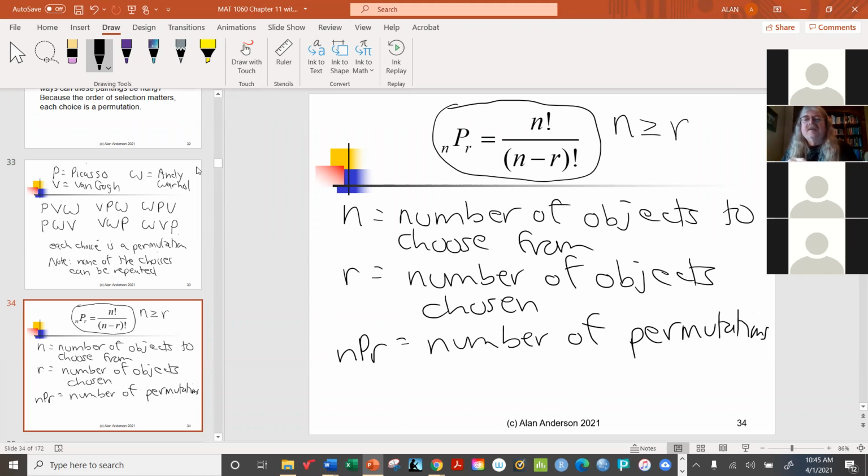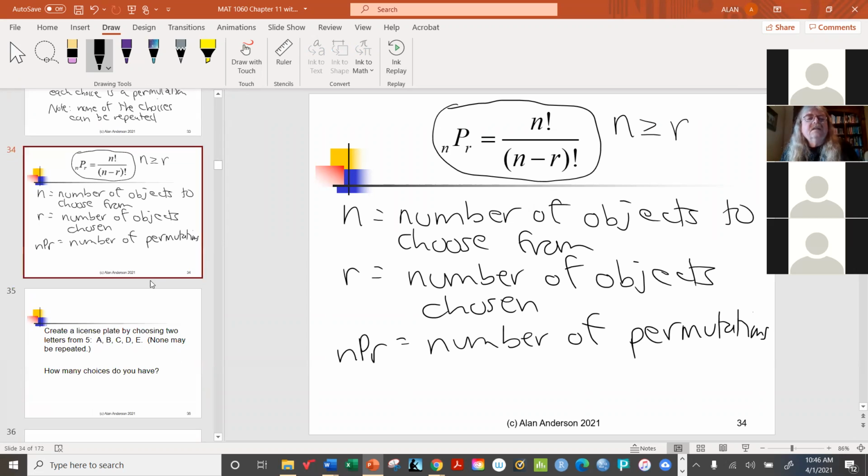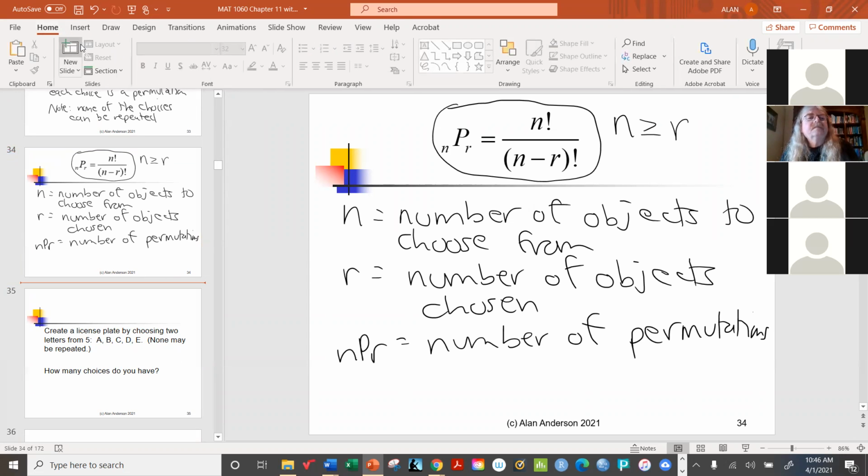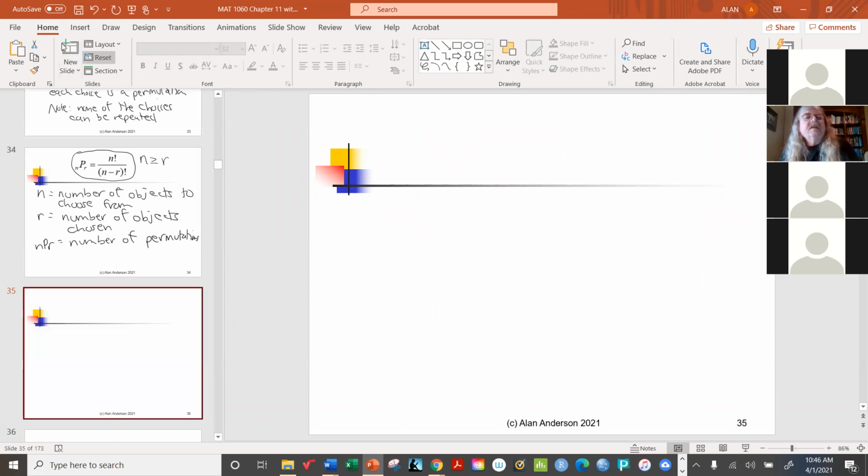And now this is where the fun begins, because you can see, once again, we can use our factorial operator to come up with the correct answer. All right, so let's apply this to this particular case. So I'll repeat the formula one more time.